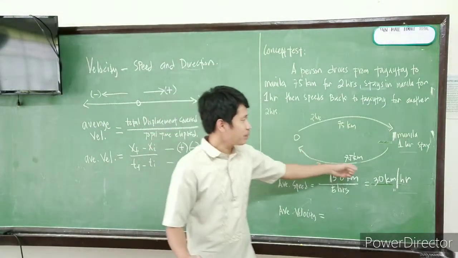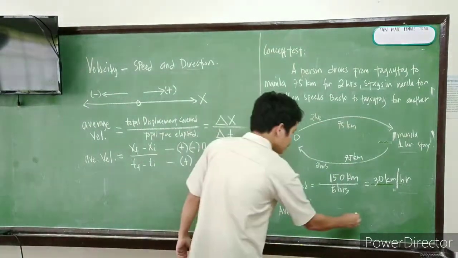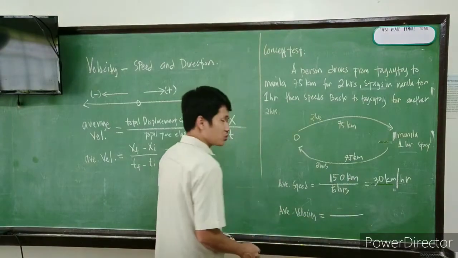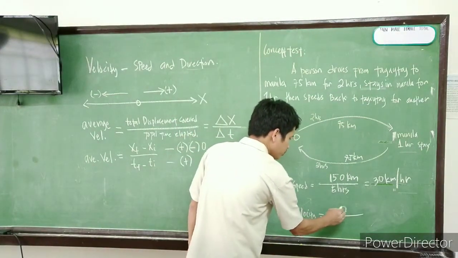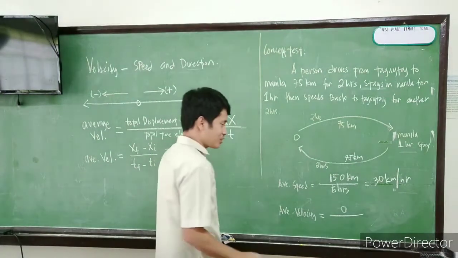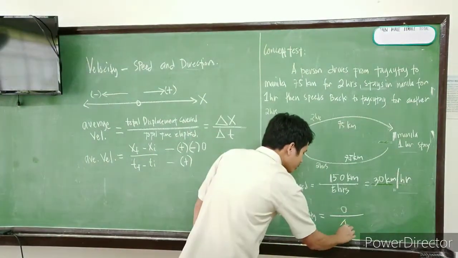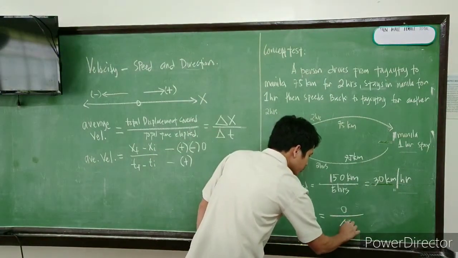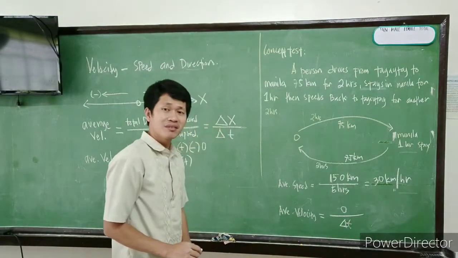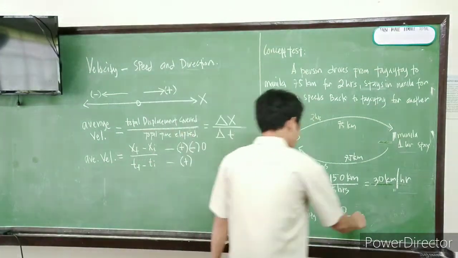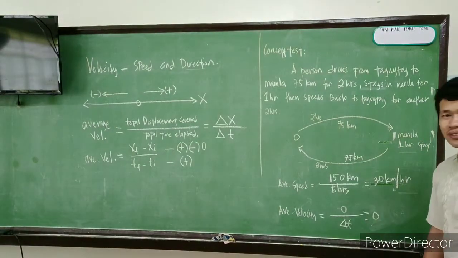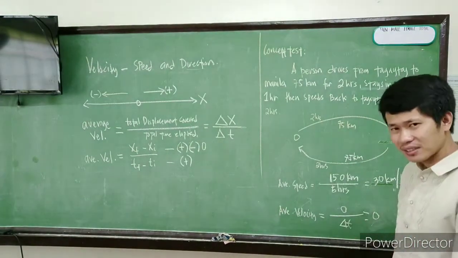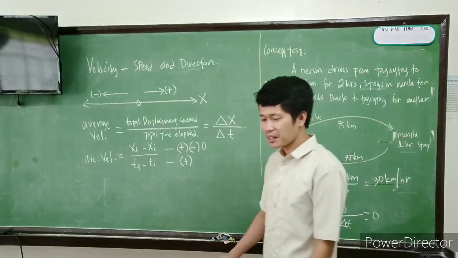Pag walang displacement, then your delta x, the change in position, is 0. So, it does not matter kung gaano katagal yung delta t mo. Answer will always be 0. Okay? So, that's the idea. Sana na-guess nyo yun, ha?